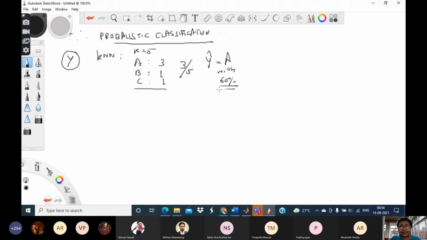I can say this, but it may not be a very useful thing to say, because the confidence I am talking about is highly dependent on what value of k I have chosen, and also on which neighbors I am choosing. When I say k equal to 5, these are the votes I have got from the neighbors of this particular point I am trying to predict. If I am trying to predict a different point, then I will get a different set of neighbors who may vote differently.